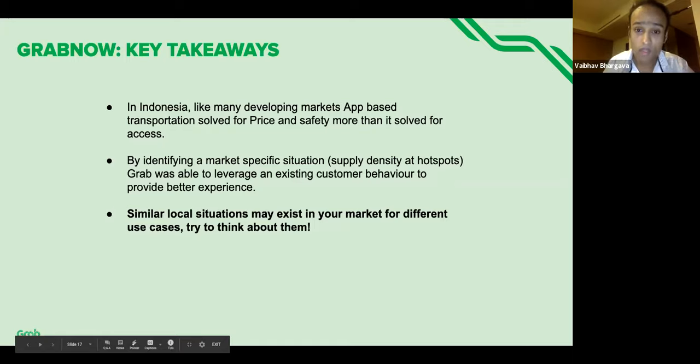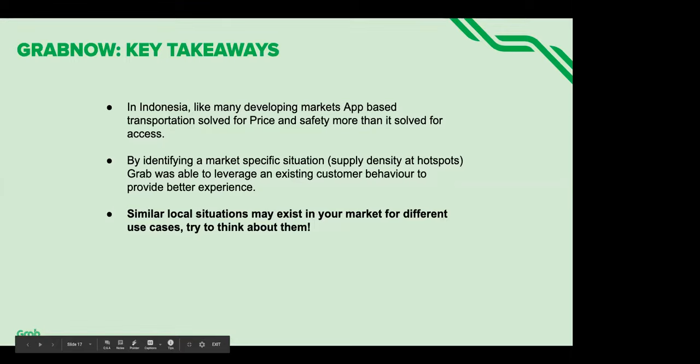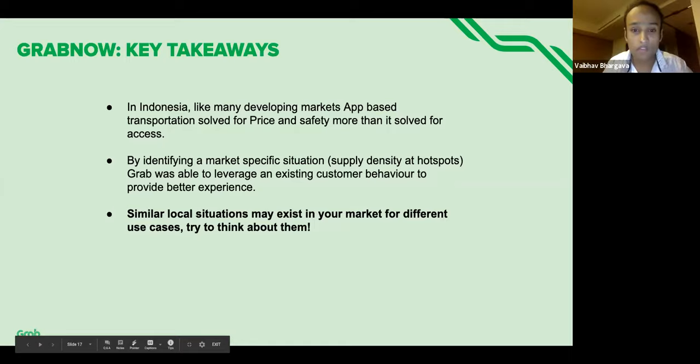Next question, Kaushal asks, what percentage of bike bookings is through GrabNow? I cannot give you that number, unfortunately, but I can say that a decent portion of bookings around such strategically important areas started to come from GrabNow.